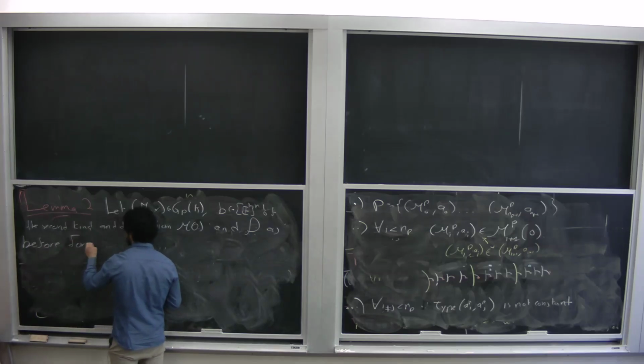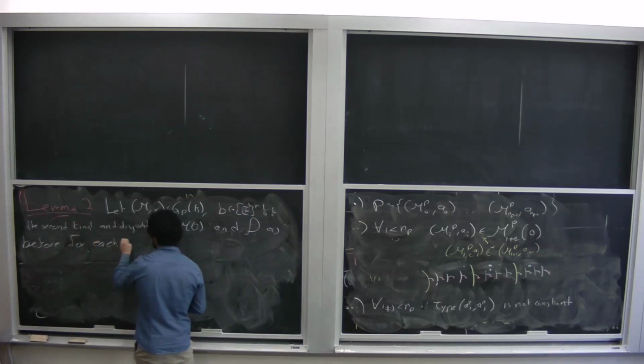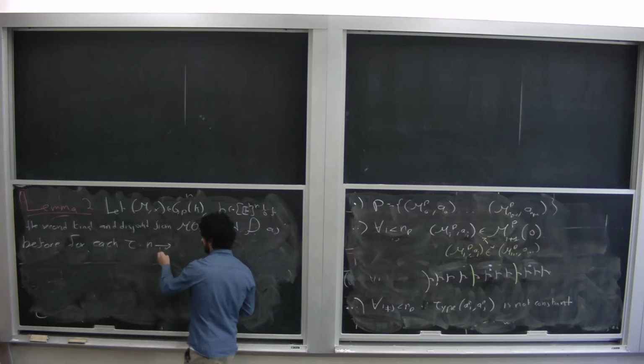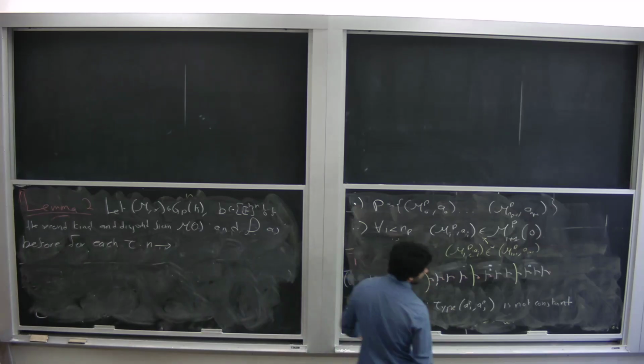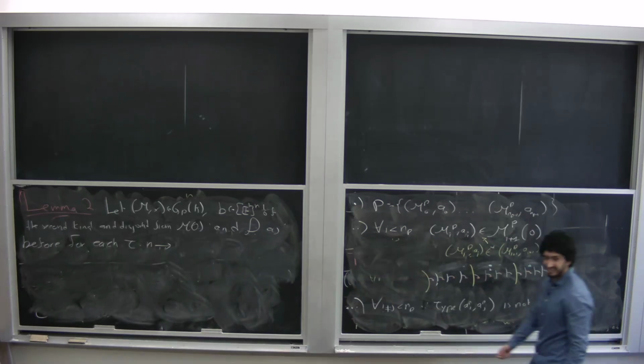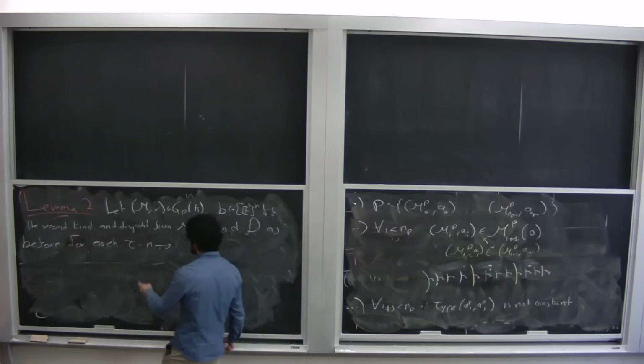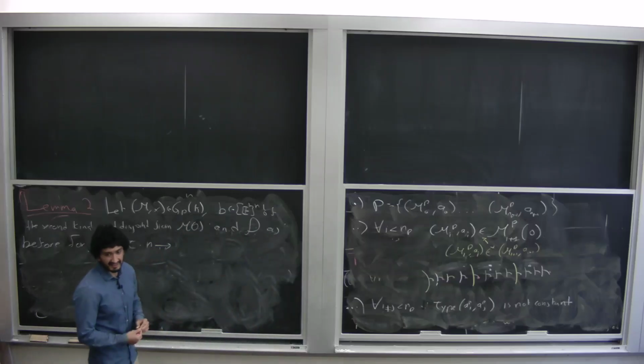For each tau... no, it is not constant. For each tau, you won't be able to add this; it is part of some extension of the condition. Exactly.